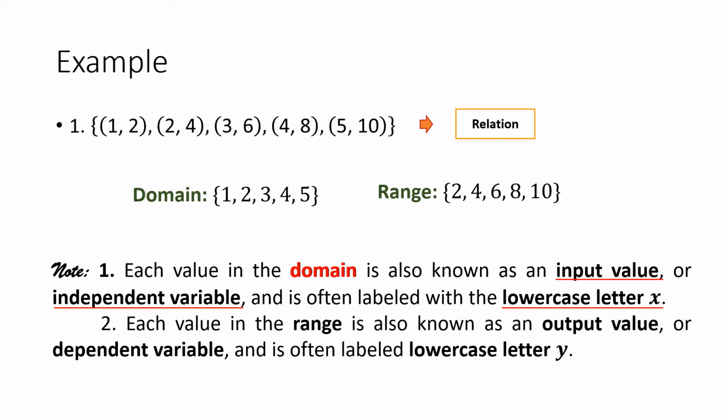Each value in the range is also known as the output value or the dependent variable, and is often labeled with the lowercase letter y. Take note of that. If the domain is also known as the input value or independent variable, the range is also known as the output value or the dependent variable.